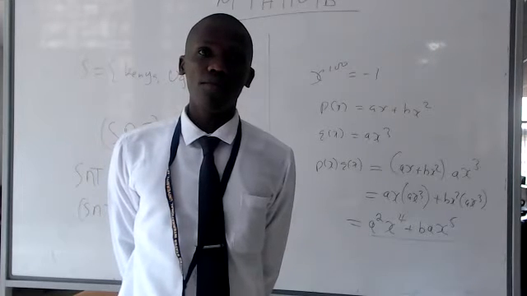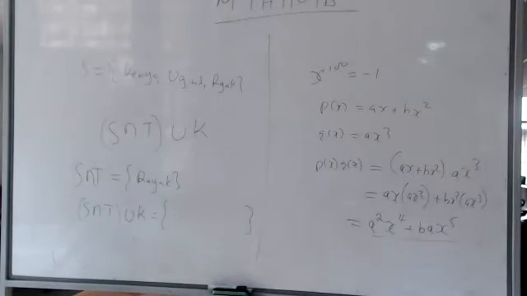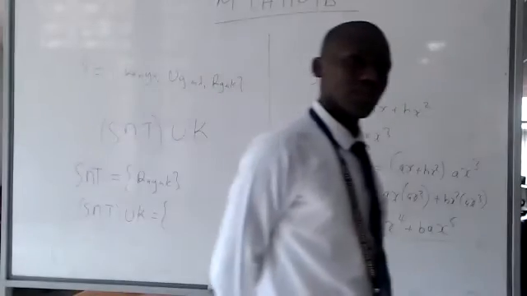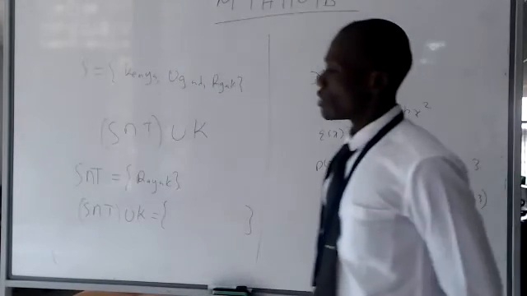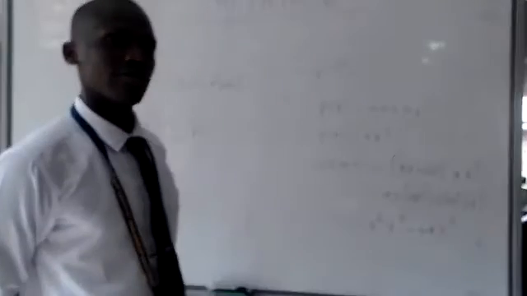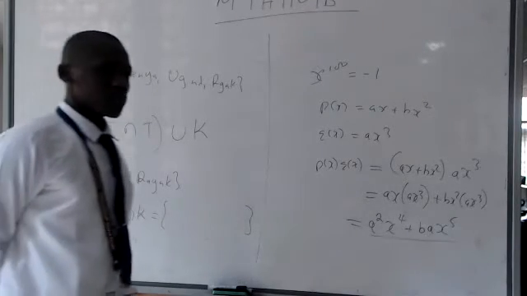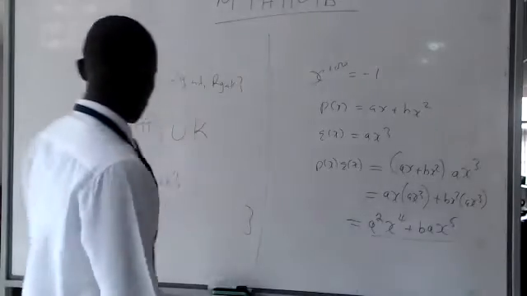It's all the elements that belong to the sets. Elements that belong to both sets. No, that's not union. All elements in both sets. No, that's not the definition of union.